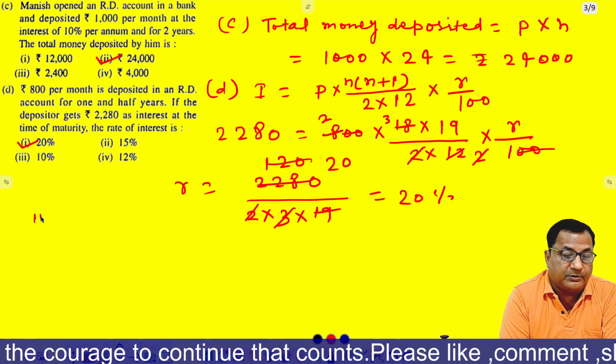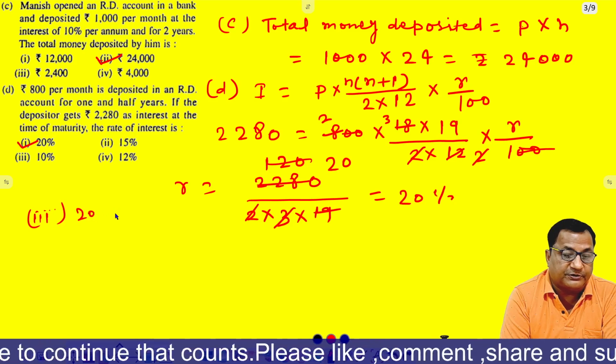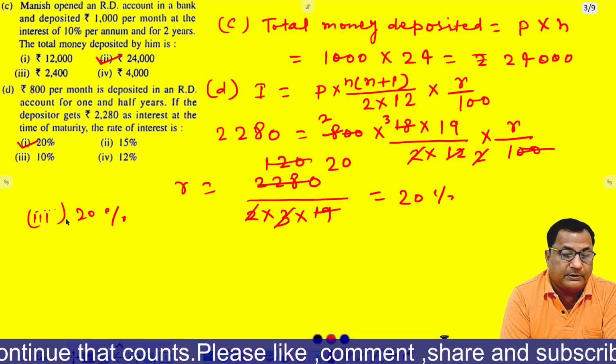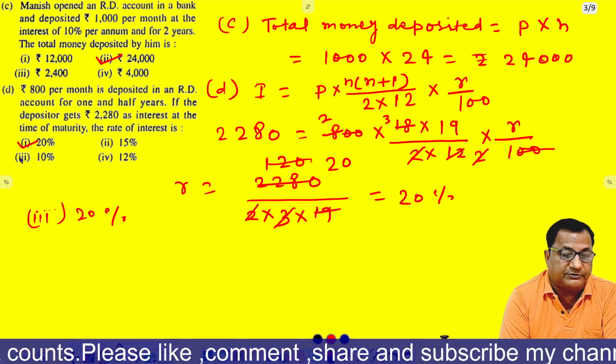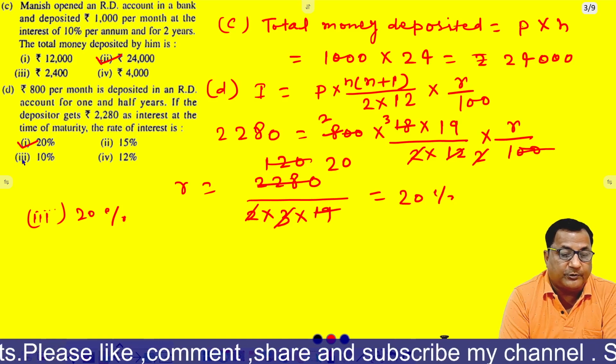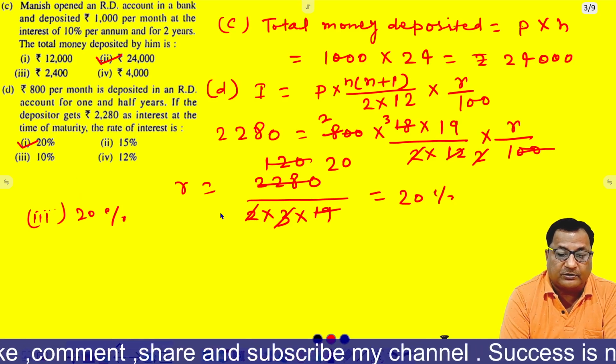In the book it is given option 3 and 20%. This is given in the book, but there is no 20% in option 3. So number 1 is the right option.